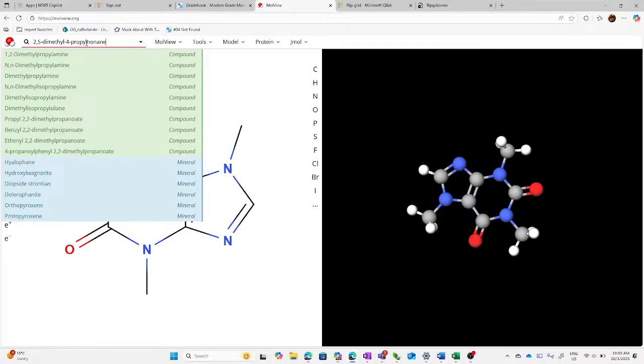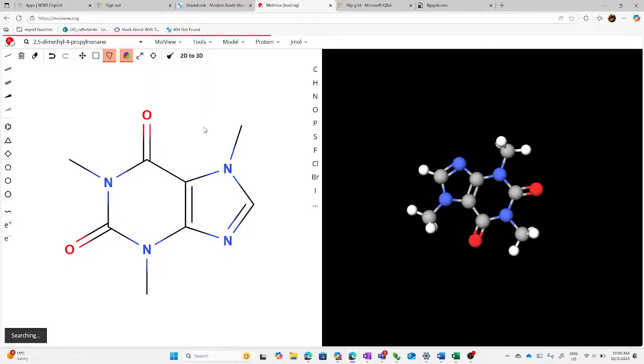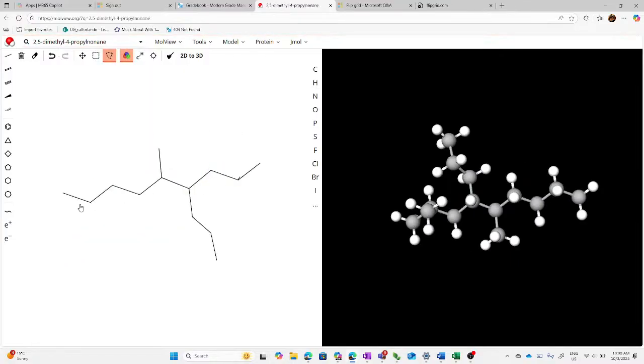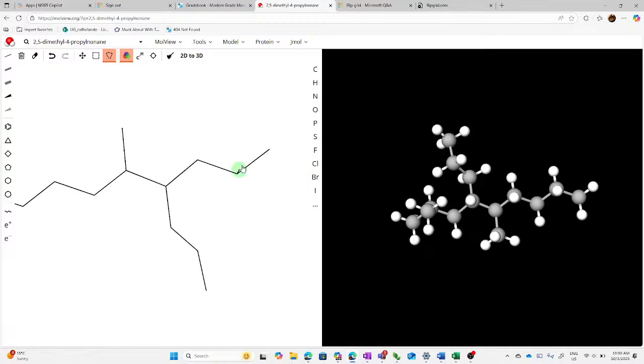Not in the database, not something that somebody has built, but all the same, it just draws it, right? And you can see 1, 2, 3, 4, 5, 6, 7, 8, 9. Notably, this is drawn with 1 on the right for some reason. Boy, that methyl group there is hard to see, but it's there.